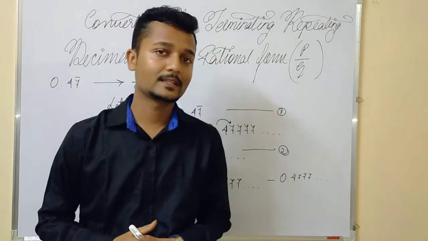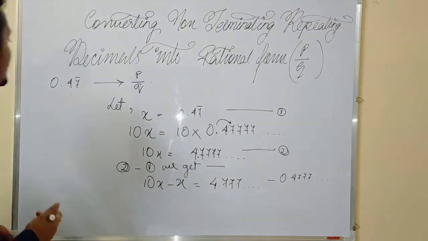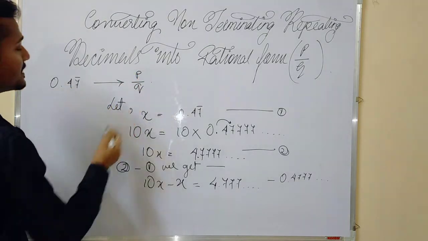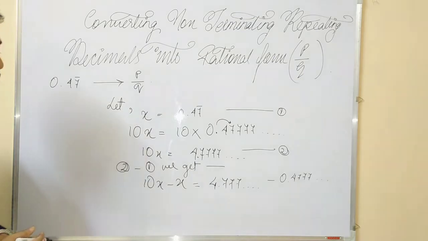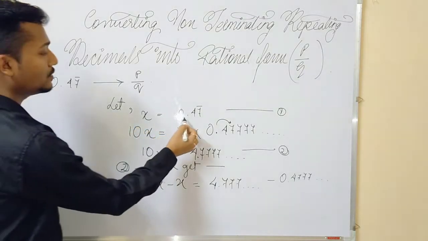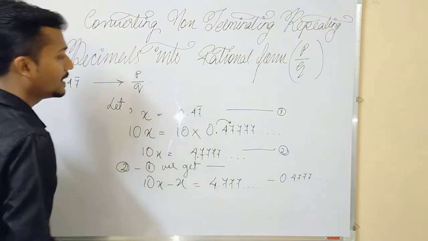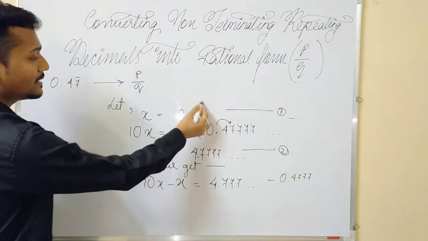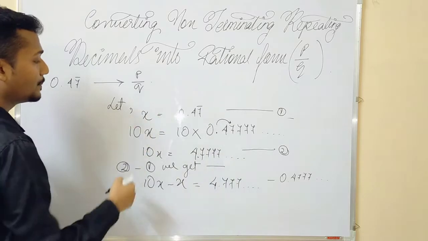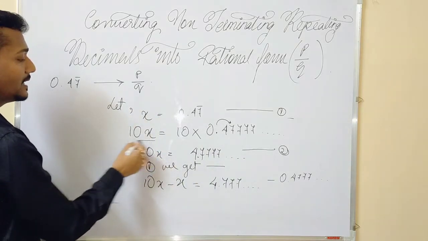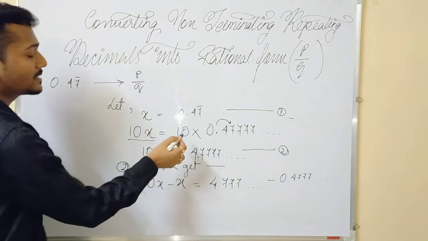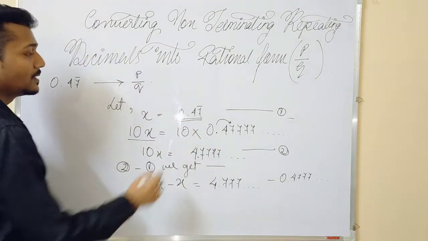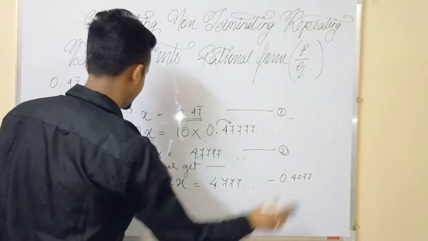Let us solve another example. This time we will take 0.47 bar and we will try to represent it in the form of p by q. Let x is equal to 0.47 bar, and we will mark it as equation 1. Since the bar is over one number, that is 7, we will multiply it with 10. 10 into x is equal to 10 into this number, yes or no? 0.47777.